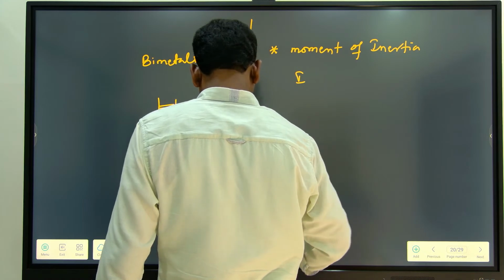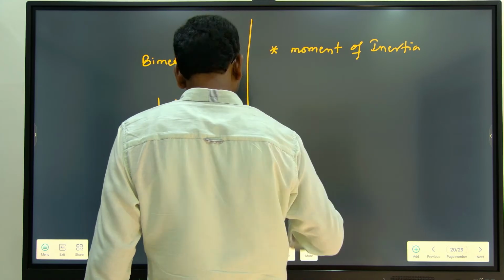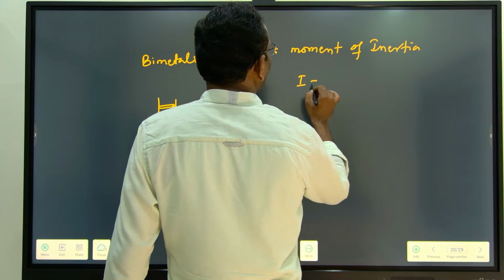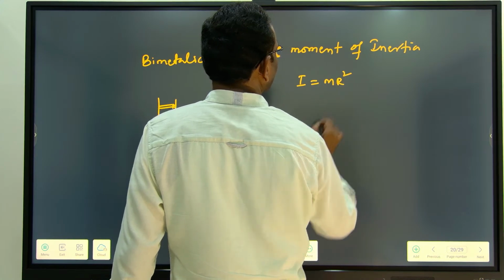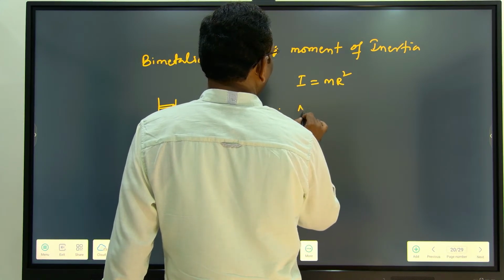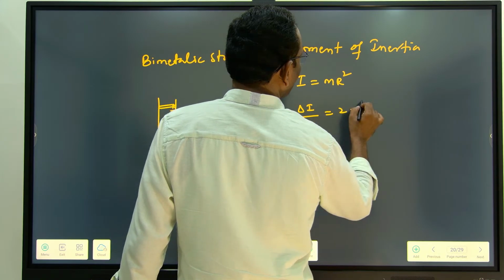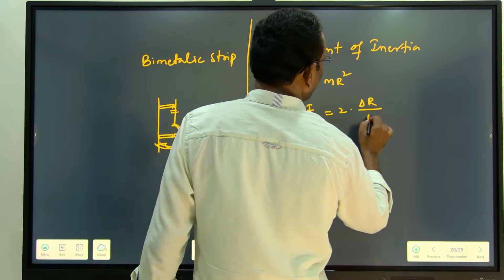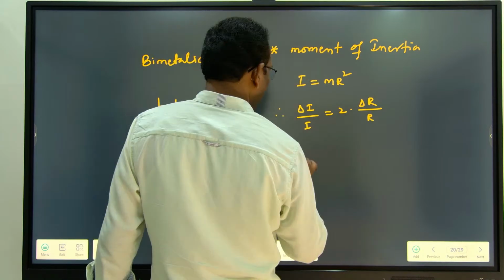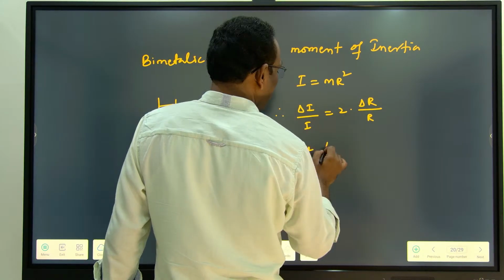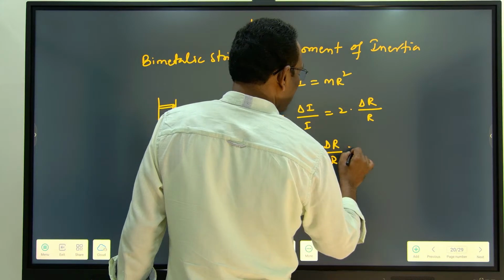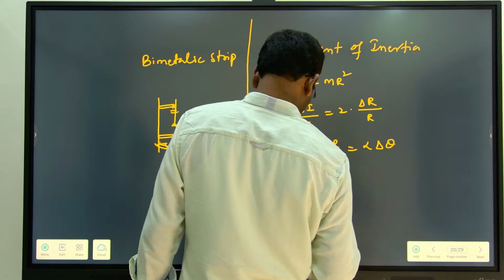I equal to m r square. Therefore delta I by I equal to 2 into delta r by r. But delta r by r equals alpha into delta theta.